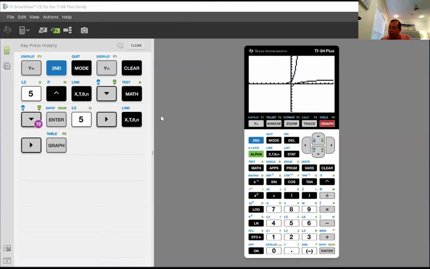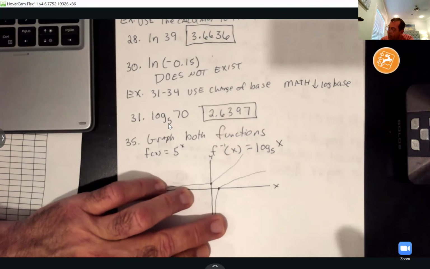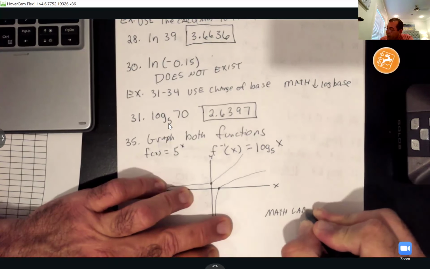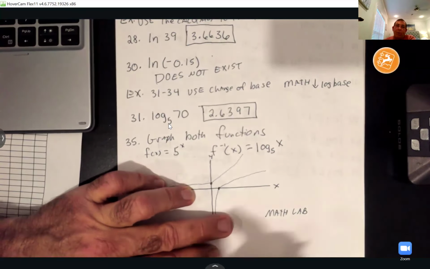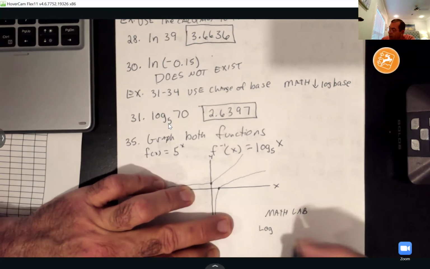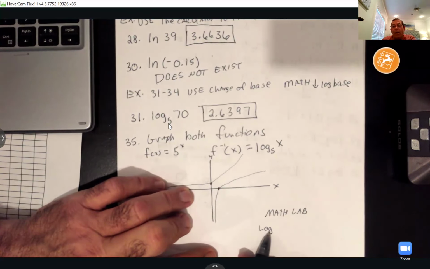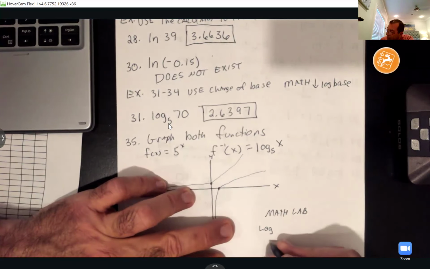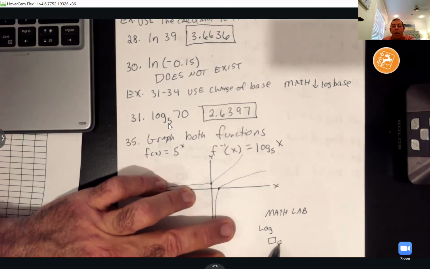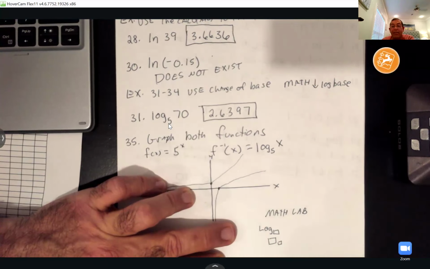Now, y'all, let me tell y'all a few things on this. When you're doing Math Lab, and you're putting answers into that where you had to convert them, and you got to put in the base here, you're going to write log, and then Math Lab will have a button down here that looks like a box with a blue box next to it. When you hit that, it'll put up your base.